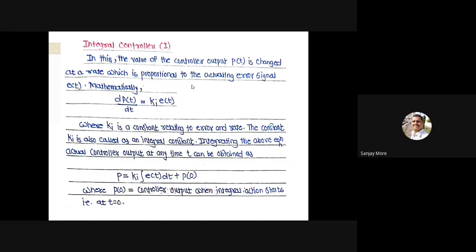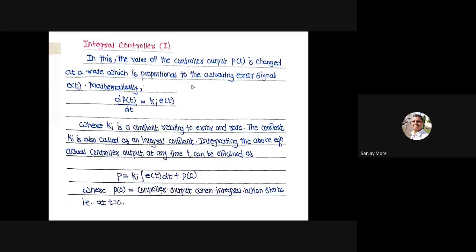Then the next one is the integral controller. The integral controller is based on the rate of change of the actuating error. Mathematically, dP(t)/dt is equal to Ki, where Ki is a constant relating to the integration.